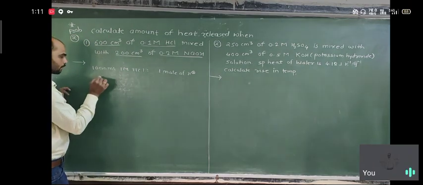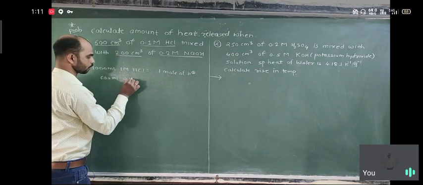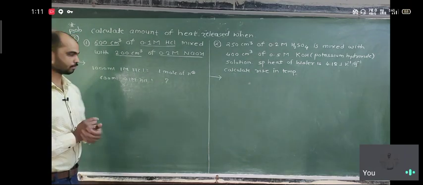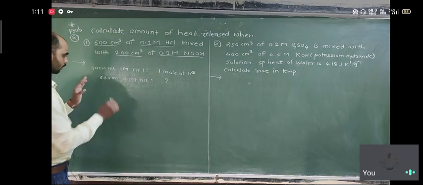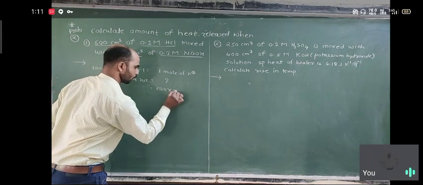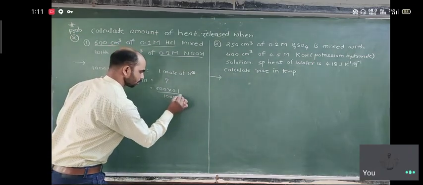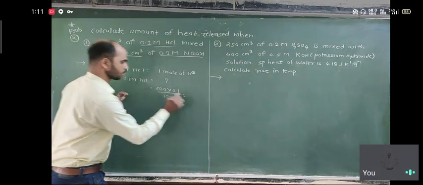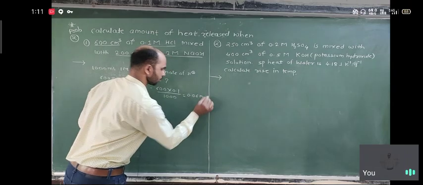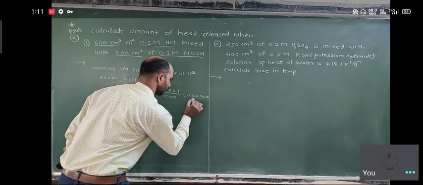Here the volume is 600 ml and the concentration is 0.1 molar, so we calculate the number of moles of H plus first: 600 into 0.1 upon 1000 ml. The answer will be 0.06 mole of H plus.